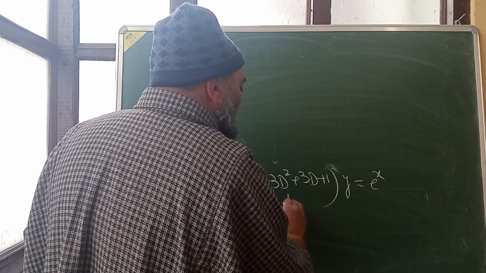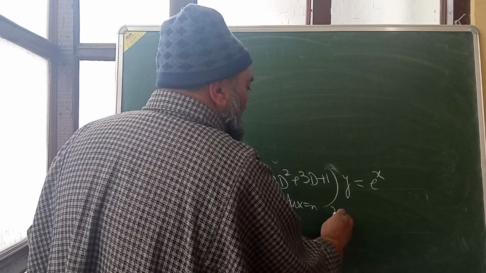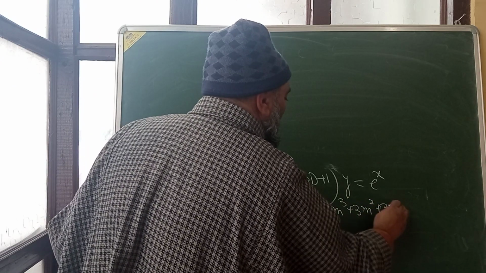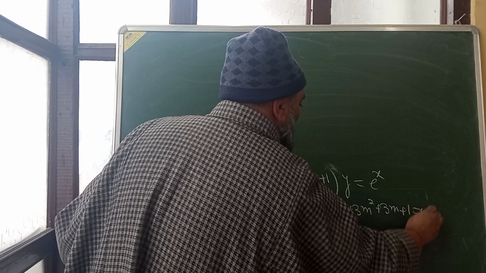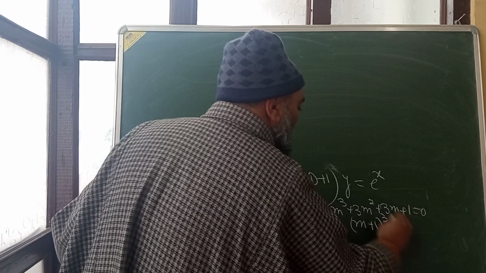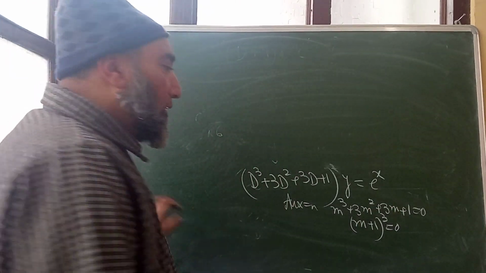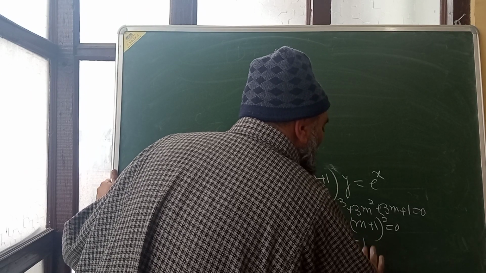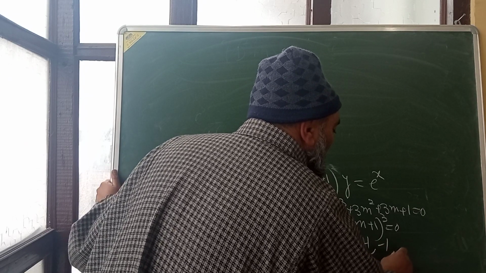What is the auxiliary equation? m cube plus 3m square plus 3m plus 1 equal to 0, which is (m plus 1) whole cube equal to 0. Right? What's m? So m is minus 1, minus 1 and minus 1.